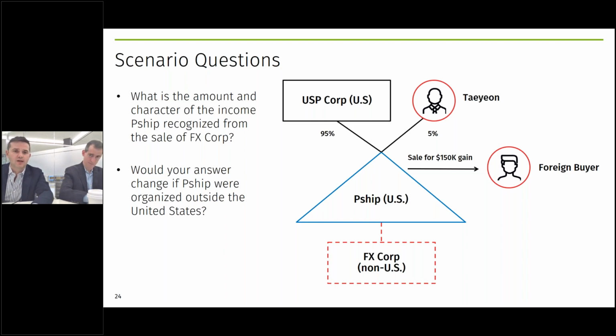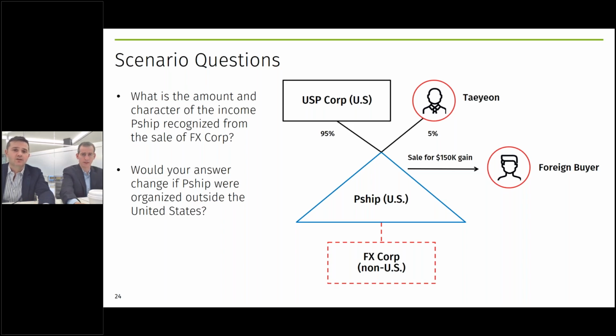Now, it produces an interesting result here, because the dividend is good for the USP corporation, because they are going to be able to treat it as a foreign source dividend, which nowadays is going to give you 245(a), generally. Taeyang is not eligible for 245(a) because she isn't a 10% U.S. corporate shareholder. So she just has capital gain.